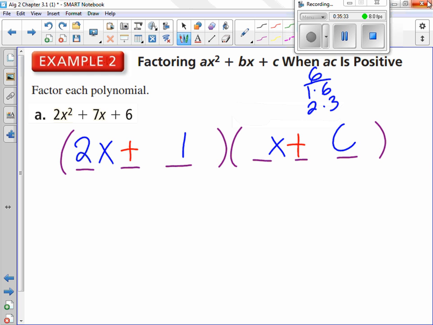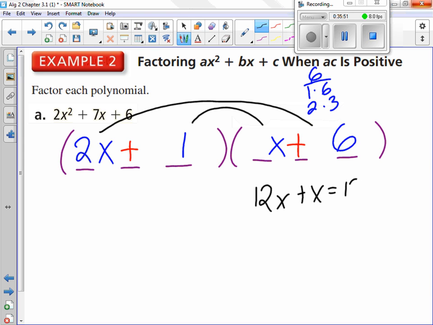I'm going to do 1 and 6, just to plug them in and check. It's not going to work. I can tell you that right now. It doesn't work, because I did this first hour. But if we check it, 2x times 6 is 12x. 1 times x is plus x, which gives us 13x, yes?